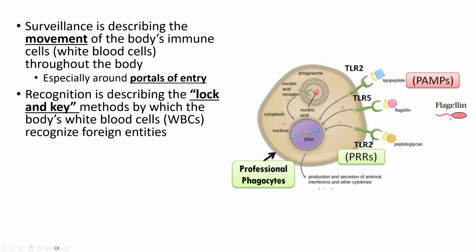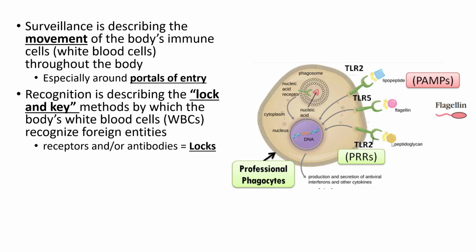Some microbes have flagella, you have a receptor that binds to the flagella. Most bacteria have a cell wall. Peptidoglycan is a cell wall component. It has a receptor to bind to the cell wall. So the truth is, you don't just have one kind of receptor, you actually have hundreds, and these are just a few examples. And those receptors can all bind to different parts of a microbe. So it's a lock and key with many different locks and many different keys.